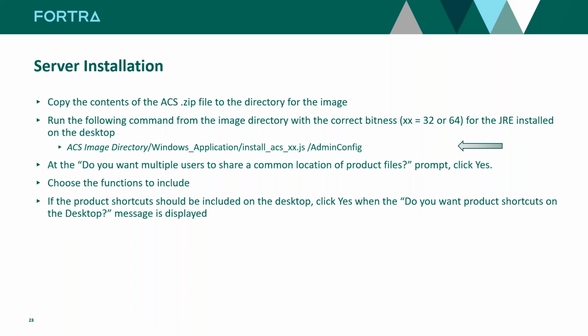And you're going to select to have the files in a common location and choose the functions you want to include in that image. And then you want to indicate that you want the desktop icons. And basically when the user runs this, it'll push icons to the desktop that point to the particular image.